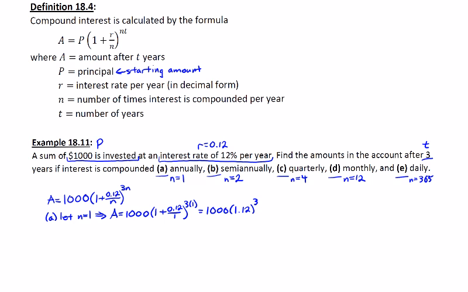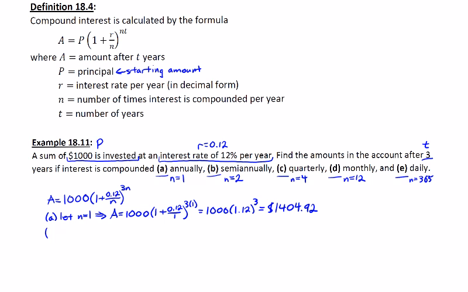I will typically do this same calculation by simplifying the exponent first, and then simplifying everything that's going to be a part of the base, and then just leaving the multiplier of 1,000 out there in front. And then this I can actually type in the calculator all at one time. And this is going to end up giving me $1,404.92. So this is the calculation that goes directly from the beginning amount of 1,000 all the way to the final amount at the end of the 3 years.